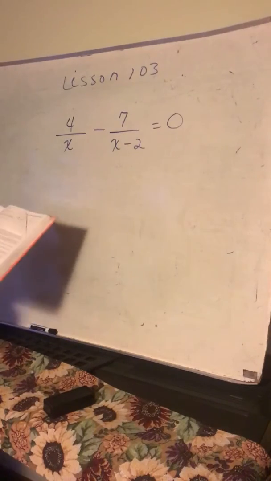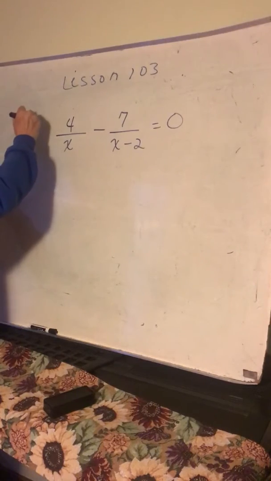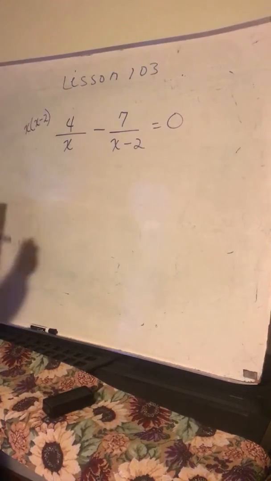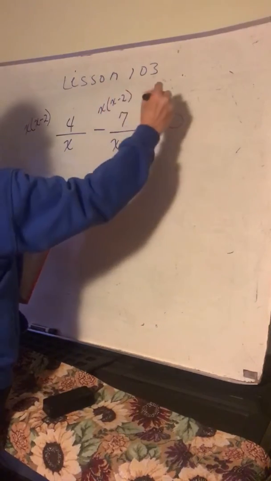So here, what are we going to have? We're going to have x and x minus 2. That's the LCM of both of those. And we're going to multiply all three of them by this.